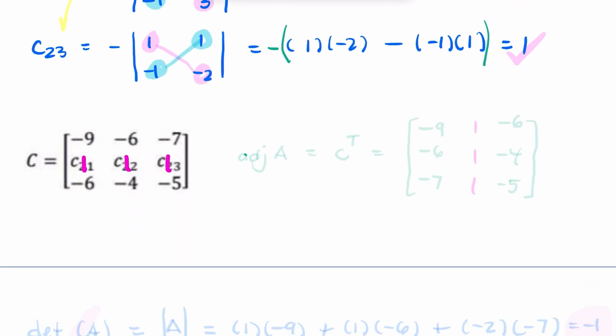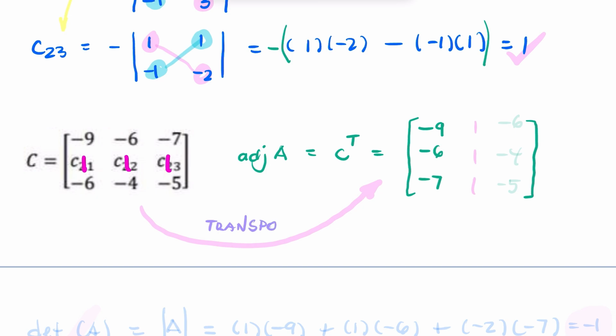I'll write it out as adjoint of C, which is simply the adjoint of A, which is the transpose of C. And transpose, all that means is every row becomes a column. So the first row, negative 9, negative 6, negative 7, becomes a column. And the second row, 1, 1, 1, becomes a column. And the same with the last.